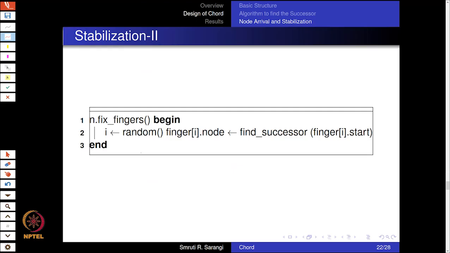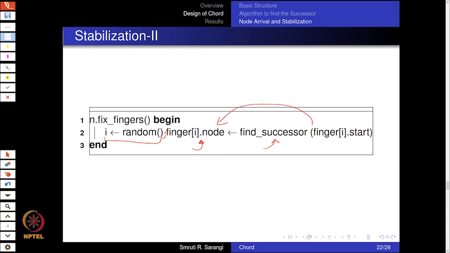So then also we can fix the fingers. So let us say that some error has cropped up somewhere, and because of that there's a little bit of inconsistency in the bookkeeping information that is there all over the network. What I can do is I can fix fingers, which means that at random, if let's say i is a random number, at random, finger i dot node, the node of the ith finger, I can set it to find the successor of finger i dot start.